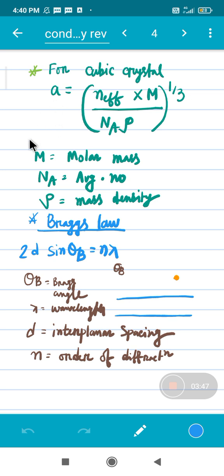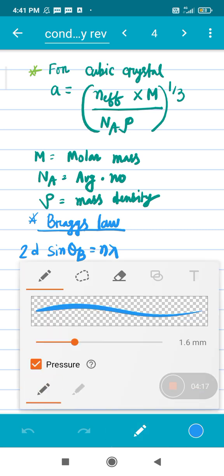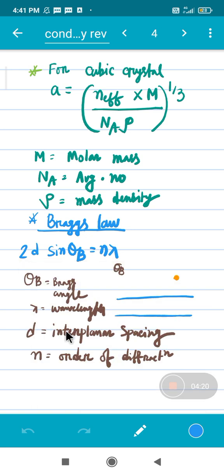Okay, next another important formula is Bragg's law. Bragg's law is 2d sine theta equals n lambda, where this theta b is the Bragg's angle.